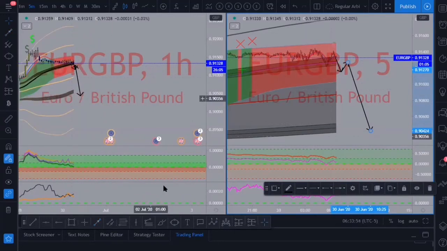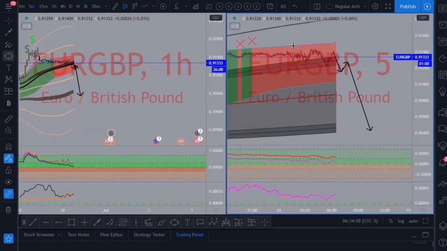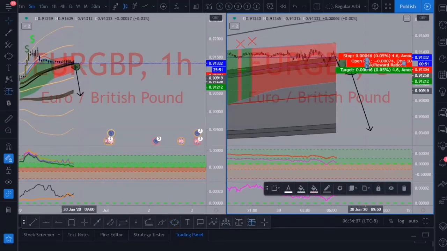Actually, I like it on the 5-minute more than the 1 hour, although it's the same thing. So wait for the breakout, retest, sell it down.